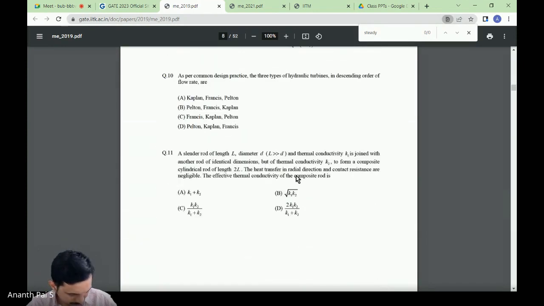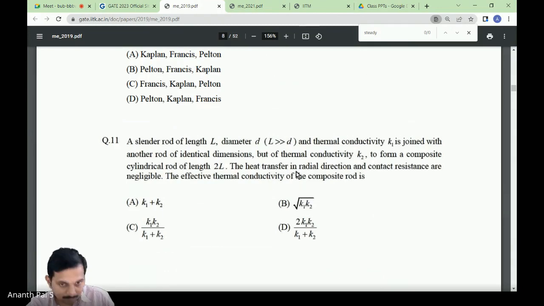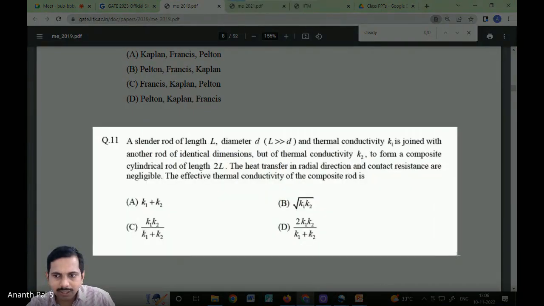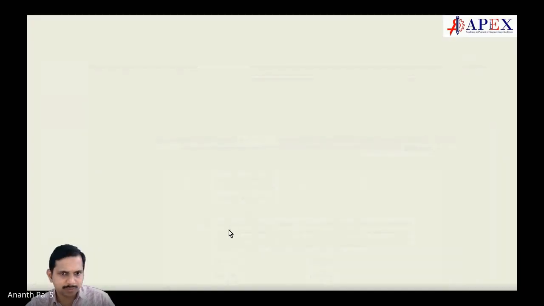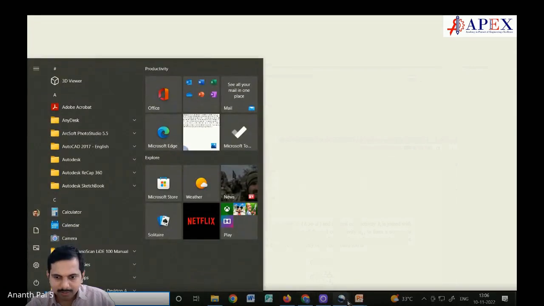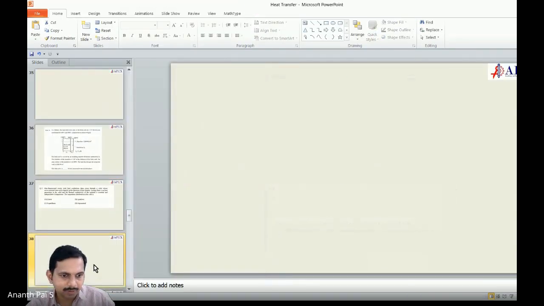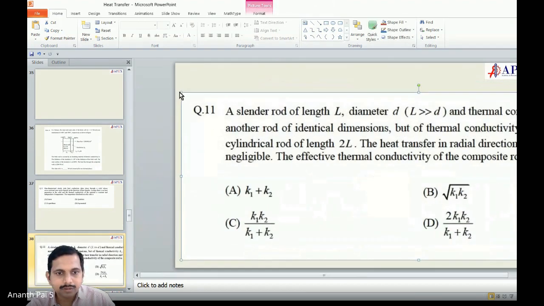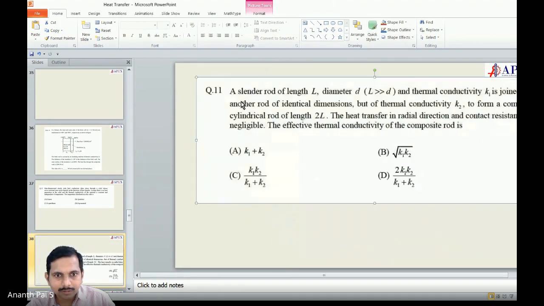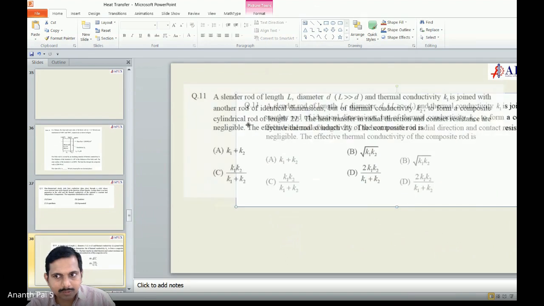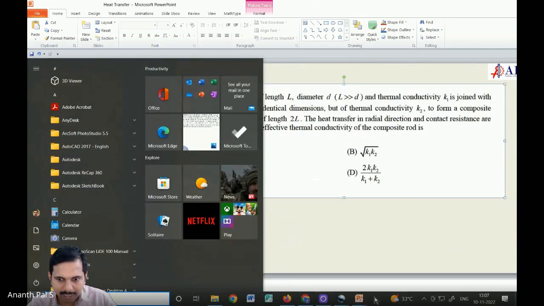This one. A slender rod. You can do it easily, students, nothing great. So, these questions are sure short. You have to get the answers.